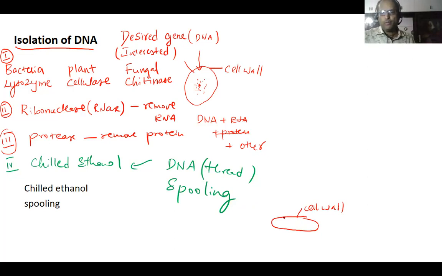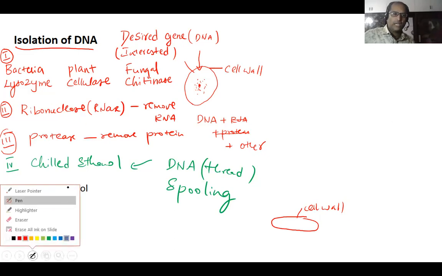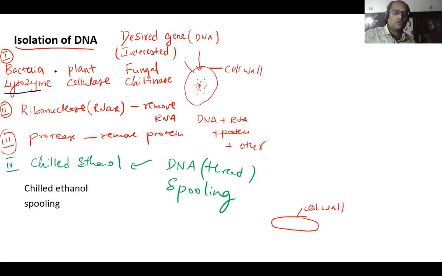So we need to break this cell wall, correct? Then only can we take out the gene or the DNA we are interested in. So we have to introduce a lysozyme enzyme. Please make a note of that. Lysozyme enzyme should be introduced here. Once we introduce lysozyme, it can break the cell wall, correct?